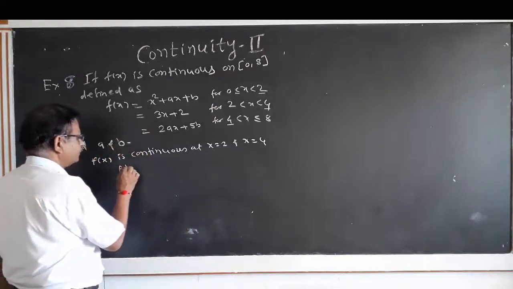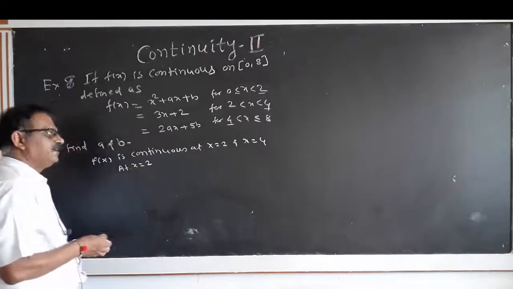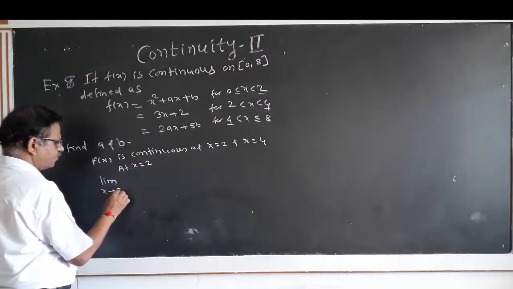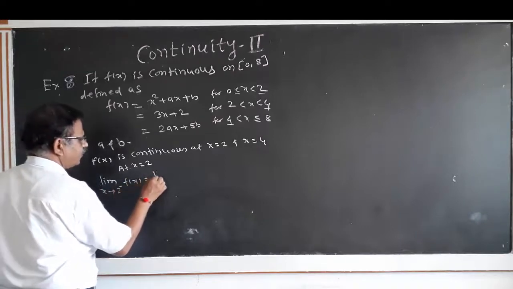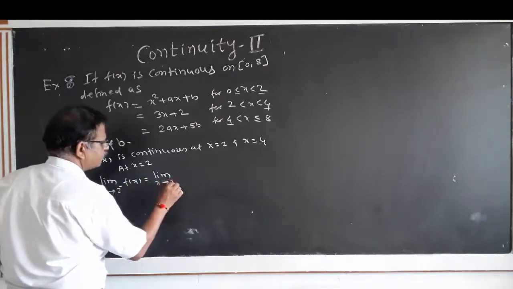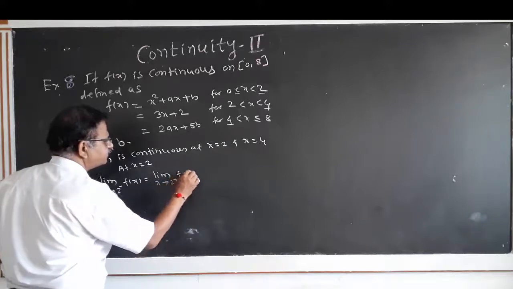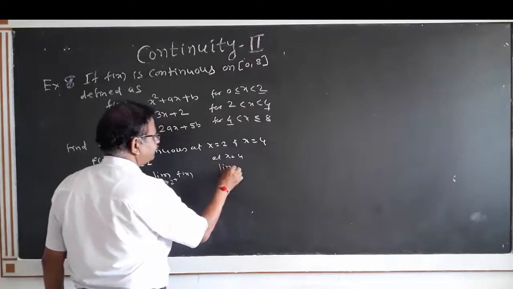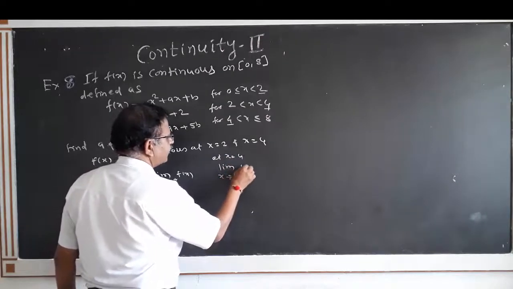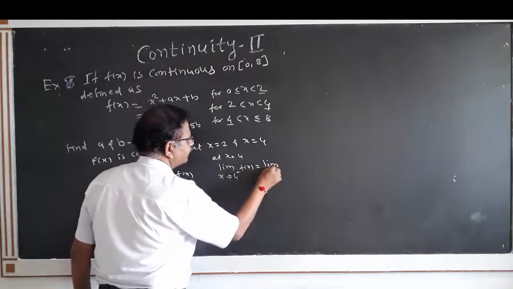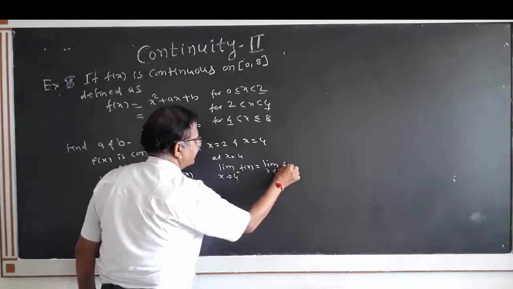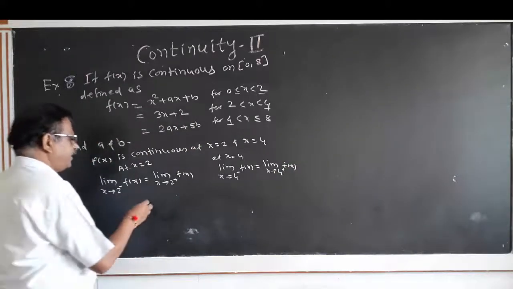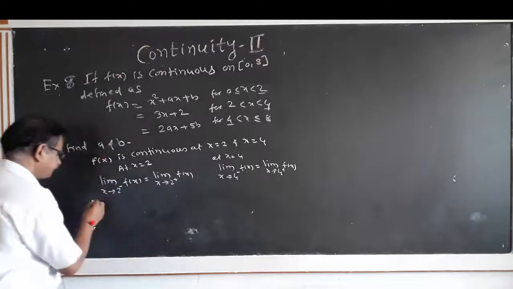At x equal to 2, limit x tends to 2 minus of f(x) equal to limit x tends to 2 plus of f(x). And at x equal to 4, limit x tends to 4 minus of f(x) must be equal to limit x tends to 4 plus of f(x), as it is continuous at 2 and it is continuous at 4 also. Therefore, we shall find out all these limits.